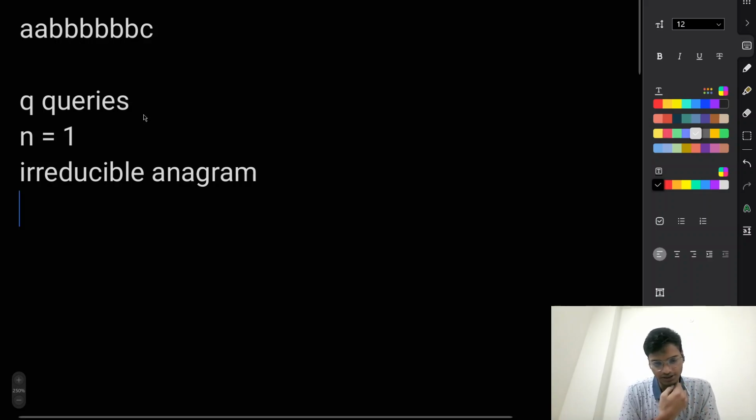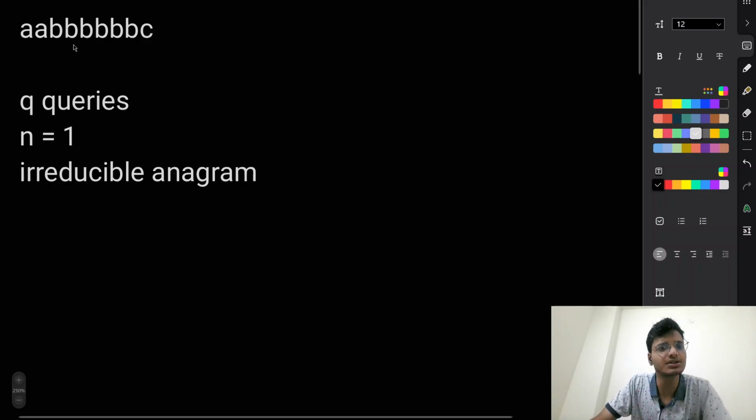Okay, what if n equals 2? What can be the possibilities for n equal to 2, or further on, where the size depends?